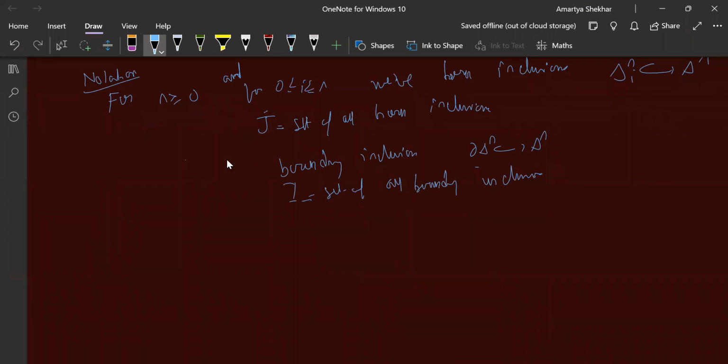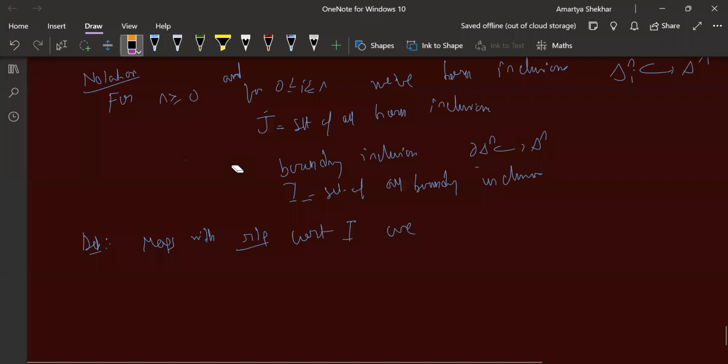So now let me define trivial fibrations: maps with the right lifting property, my acronym is RLP, with respect to I are called trivial fibrations. We'll see that trivial fibrations basically coincide with fibrations, but let me define trivial fibrations like this.